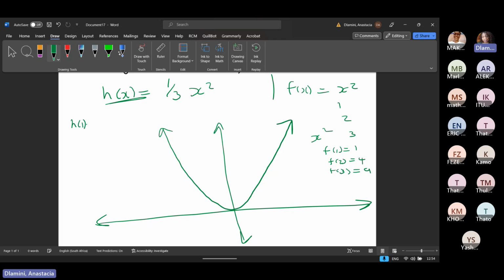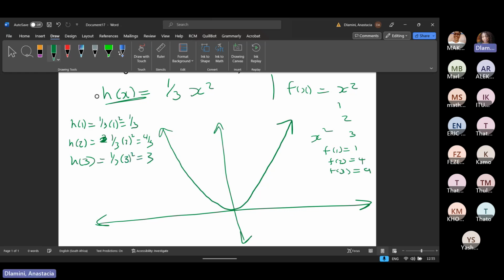So h of 1 is 1 over 3 times 1 squared, this is 1 over 3. Then h of 2 is 1 over 3 times 2 squared, that is 4 over 3. Then h of 3 is 1 over 3 times 3 squared, which is 9 over 3. This gives us 3.